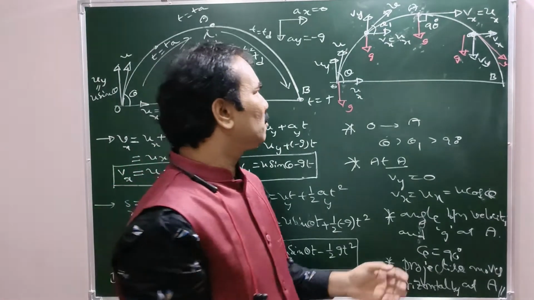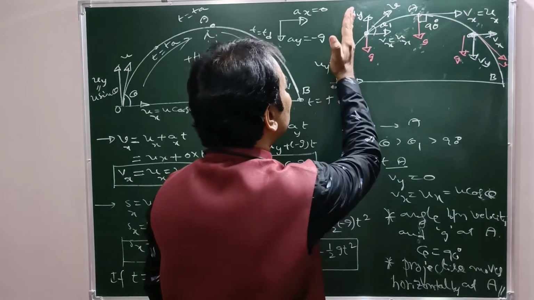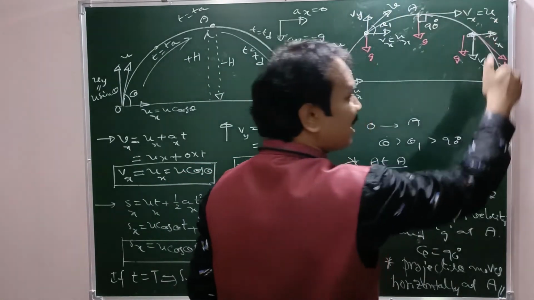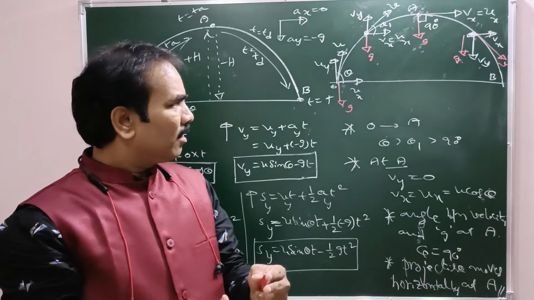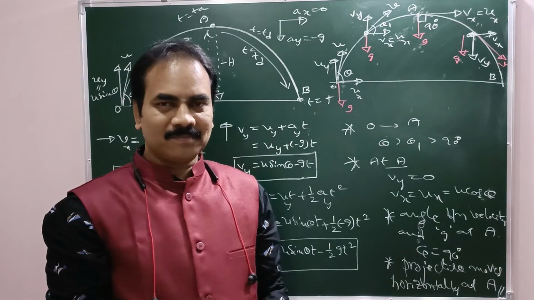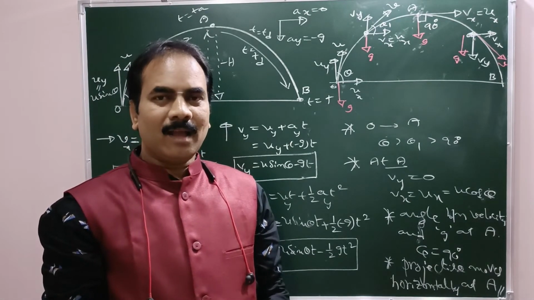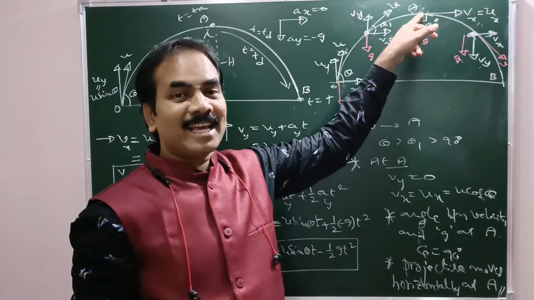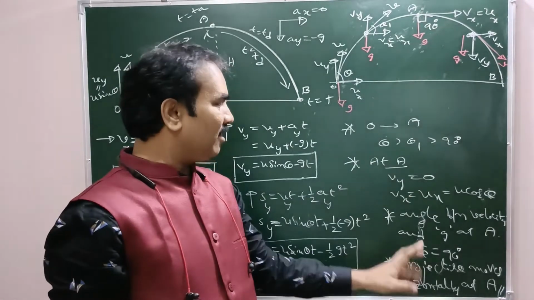So here, this is the direction of motion. Here, this is the direction of motion. Like so, from instant to instant the direction of motion of the projectile changes, and becomes horizontal at the highest point in the case of an oblique projectile, right?